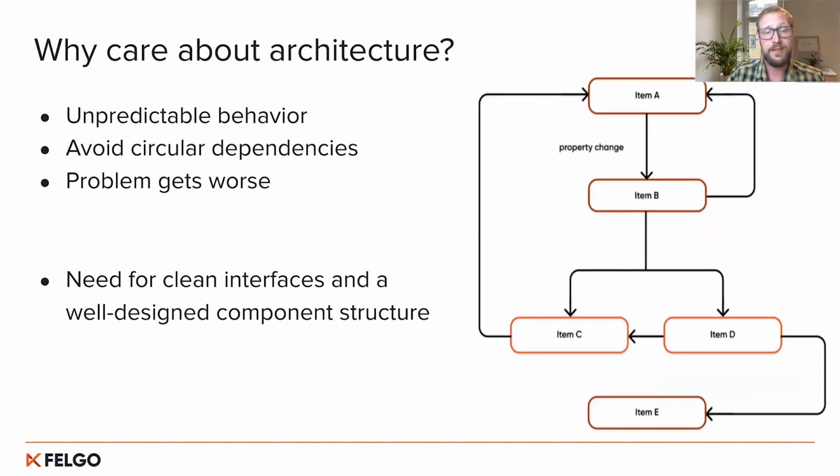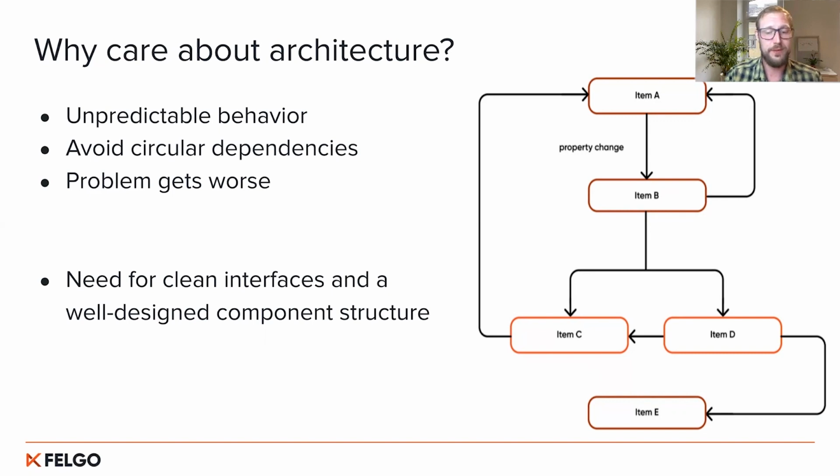The problem is when you add many more components, many more property bindings, and each change notifies other components, which maybe do some calculations and then also change some of the properties, which in turn notifies again some other components. You won't be able to really track anymore what exactly is happening.